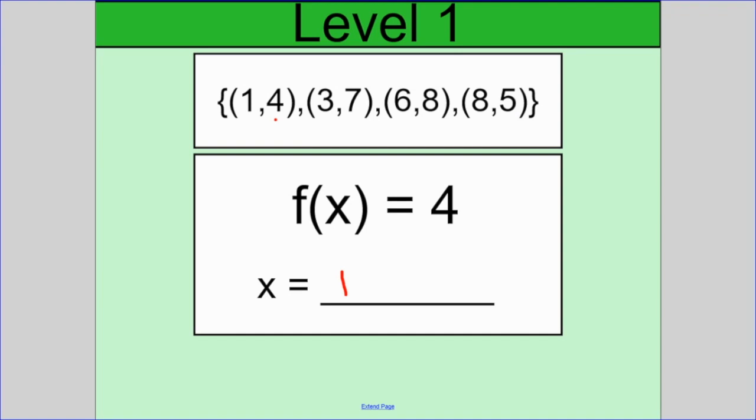Now, for where our output is 8, let's look at our outputs. There's an 8. What is our input? We're wondering, what is our x? What is our input when our output was 8? Here's this ordered pair right here, 6, 8. So our x was 6. Our input was 6 when our output was 8.